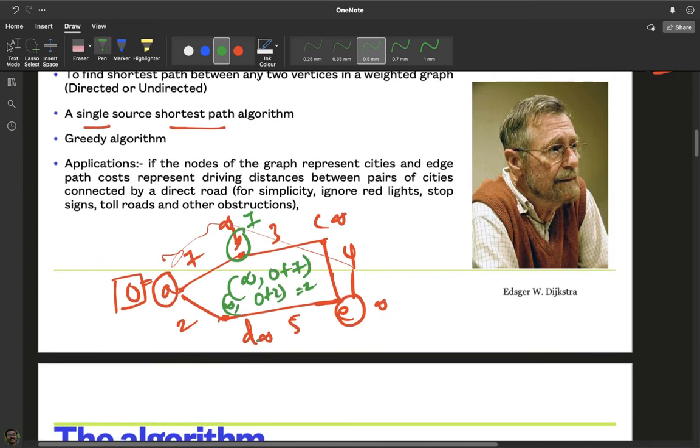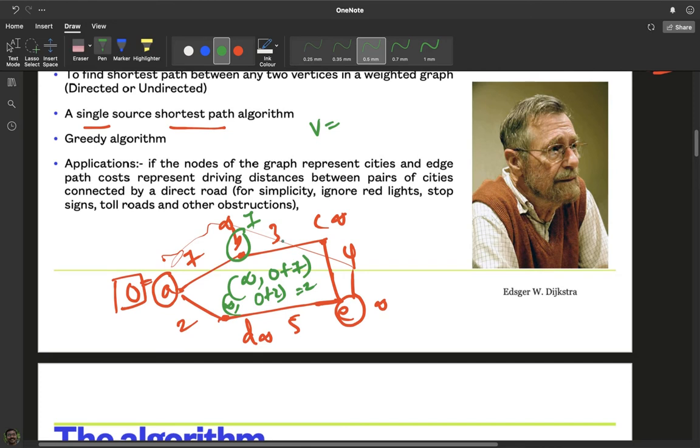So at each stage, I'll start with an initial vertex, give a weight to it and infinity to all the other vertices. Out of this, the vertex having the smallest weight is given a permanent weight, which is 0 here. After you're done with A, you go to the neighbors of A, that is B and D. Now you can give weights to B and D by using the formula: weight of V is equal to the minimum of weight of V, comma, the weight of U plus the edge UV.